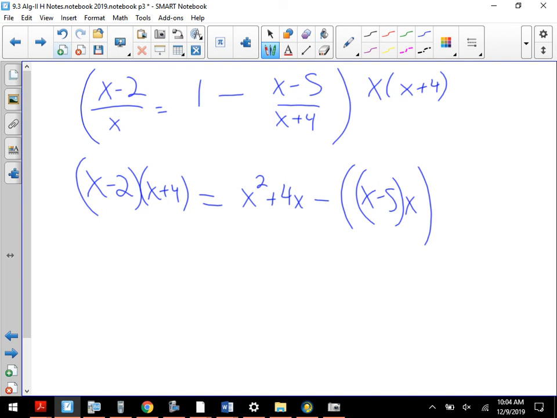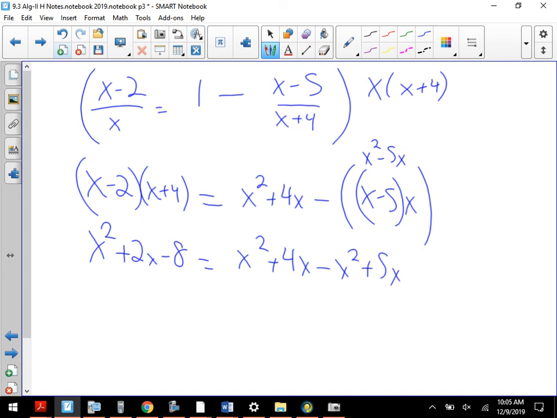Again, that third fraction is where most of you guys will make your mistake, because you will forget to distribute the negative after you multiply it all out. All the way on the left, we have x squared plus 4x minus 2x, so it's 2x minus 8. Excuse me, x squared, 4x. This is x squared minus 5x, so it's minus x squared plus 5x. Okay? So far, so good?